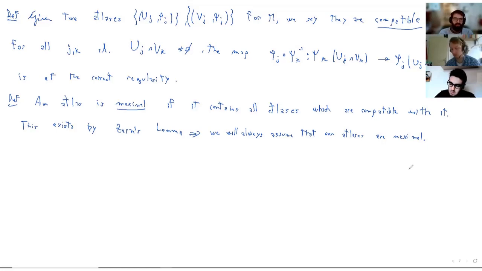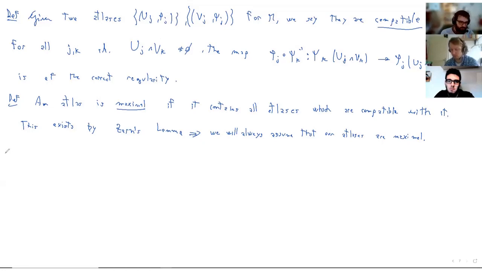Which basically means that if you have a property, let's say, oh, let's take a local chart, then we say we can restrict the local chart because maybe we need to prove something local. Then this is still a local chart, because we can always restrict this thing, and it's always in the atlas because the atlas is maximal. This is the practicality of that.